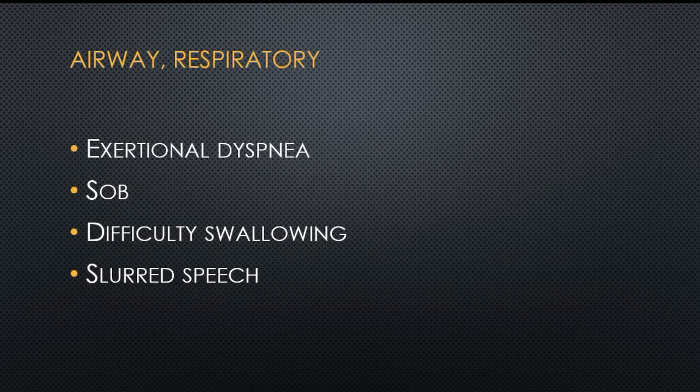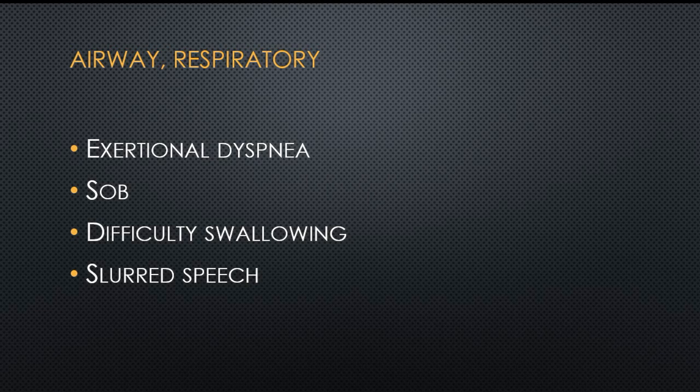So as the paralysis, or the weakness, proceeds up the body, what you see is they lose their muscular recruitment for work of breathing. So as their abdominal muscles get weakened and paralyzed, they develop exertional dyspnea, shortness of breath.